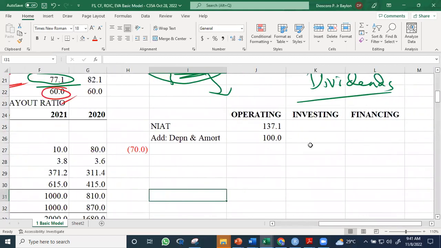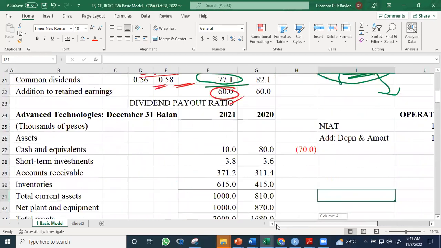We have taken the initial steps in coming up with a template pro forma for our statement of cash flows. All right, then we go down the balance sheet accounts and see what were the changes in our balance sheet accounts and how these affected cash. So let's go down the balance sheet.